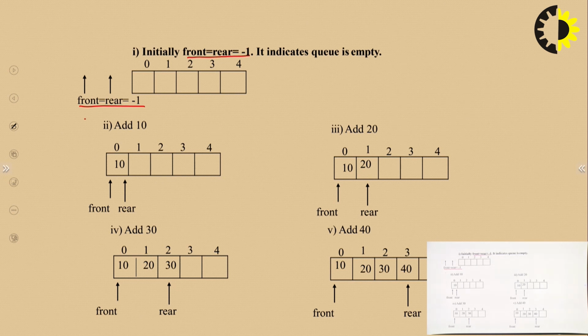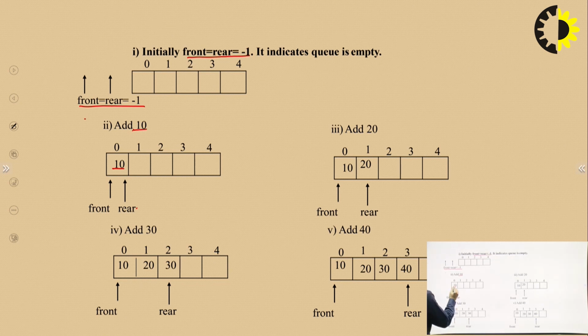Now suppose we are trying to add a value 10, then in that case 10 will be inserted here, and both will be updated, that is front equal to rear equal to 0, because initially they are -1. Always when we are inserting the first element, both will be incremented by 1.